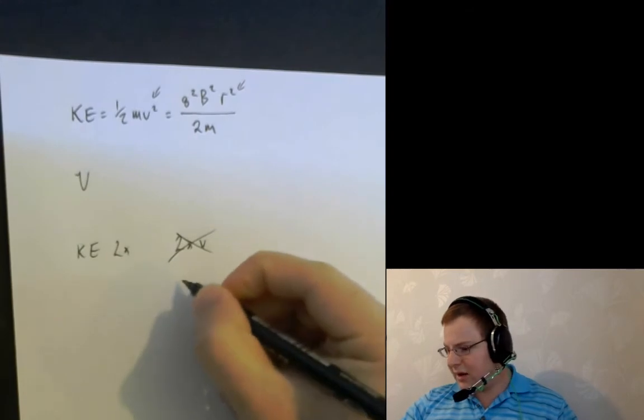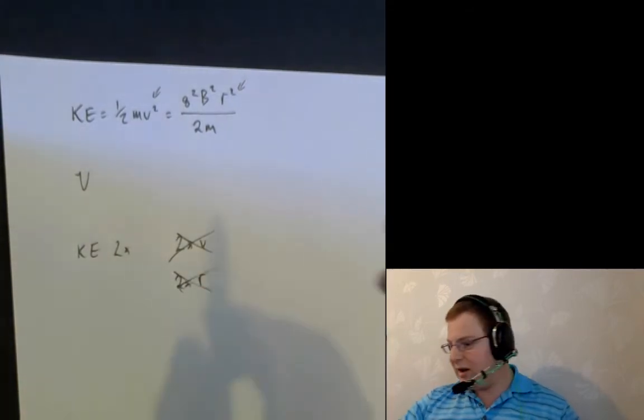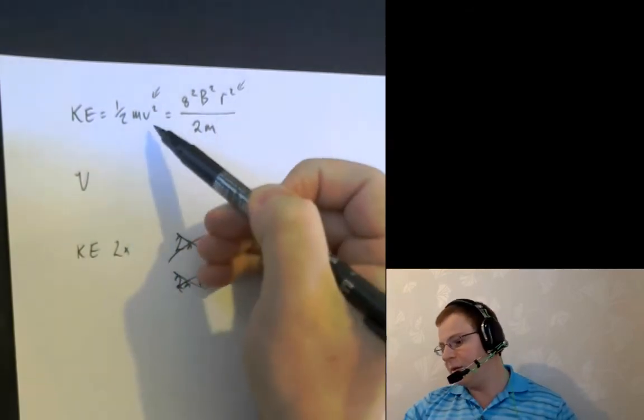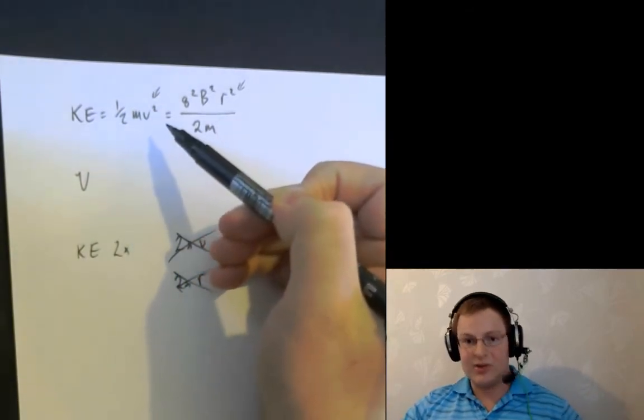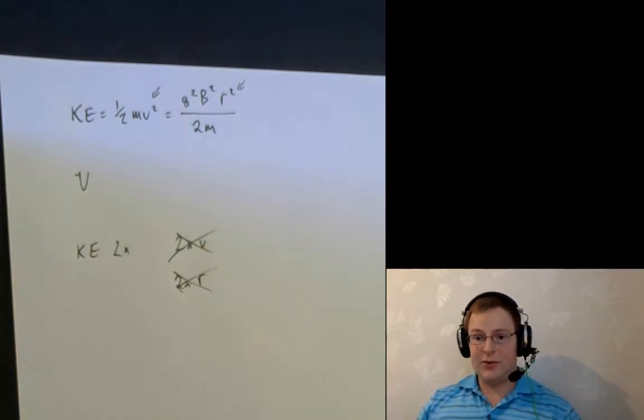If we double the radius, that doesn't work, because if we double the radius, we're going to wind up getting 2 times 2 is 4 times the kinetic energy, and double the velocity, it's 2 times 2 is 4 times the kinetic energy. So it actually goes up by the square root of 2, or a factor related to the square root of 2.